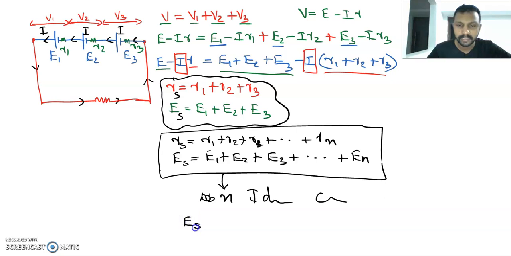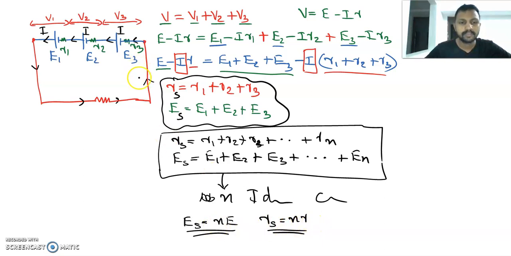We could write Es as E plus E up to n times, that is nE. Es is equal to nE. And Rs is equal to r plus r and so on up to n times, meaning nr. This is the formula that we could remember for solving identical cells connected in series.